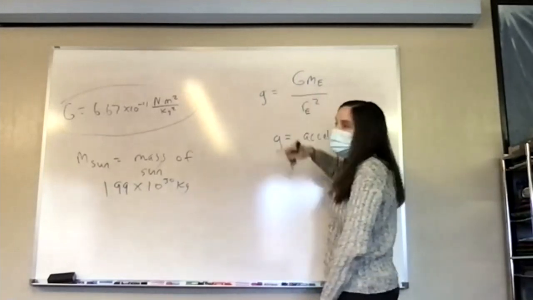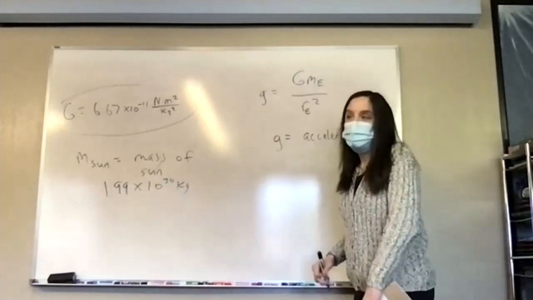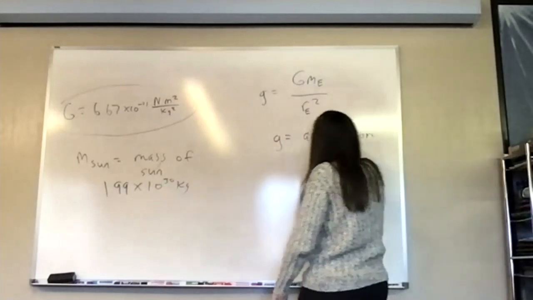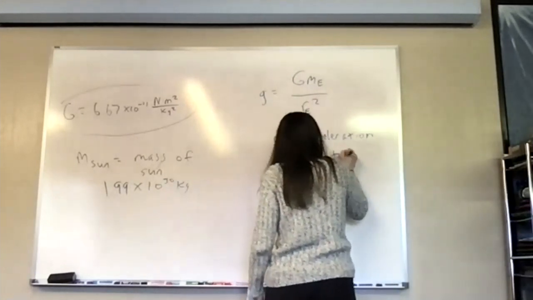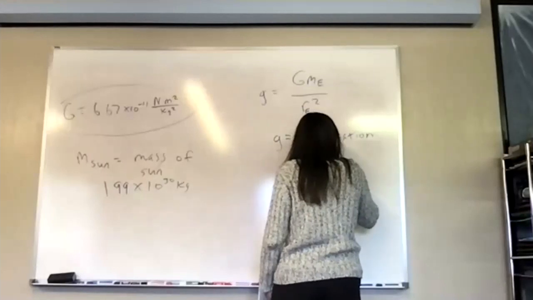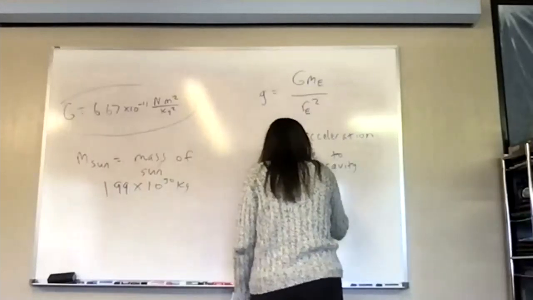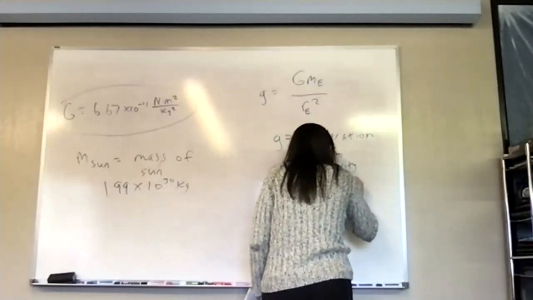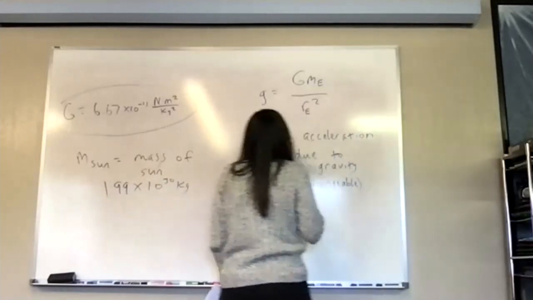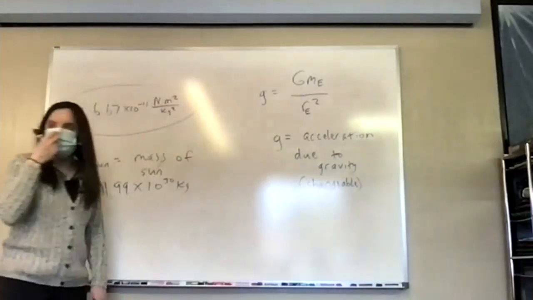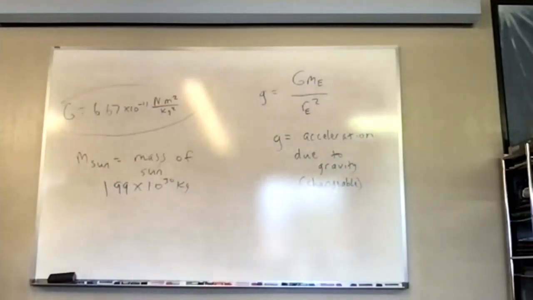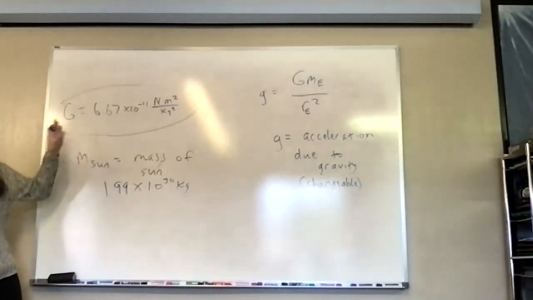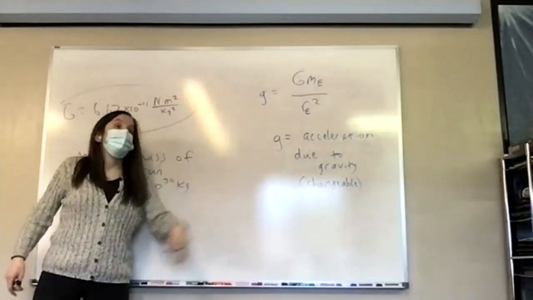Uppercase G is a constant that never changes. Lowercase g can change based on the planet that you're on. Uppercase letters are usually reserved for constants, lowercase ones generally are not. So uppercase G is a constant, lowercase g does change.